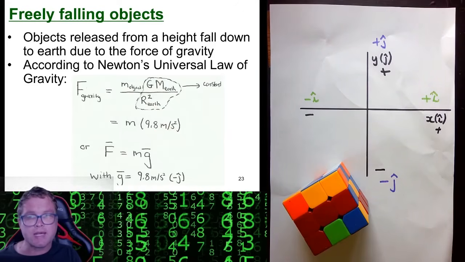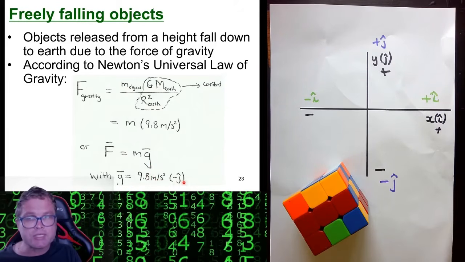So this means that when we write the vector version of the force on objects falling towards Earth, it's given by the object's mass times the Earth's gravitational acceleration, g, and this is given by 9.8 meters per second squared.